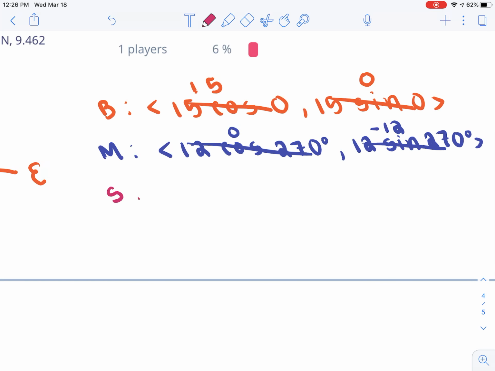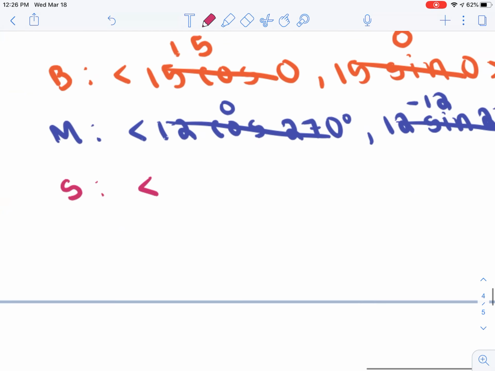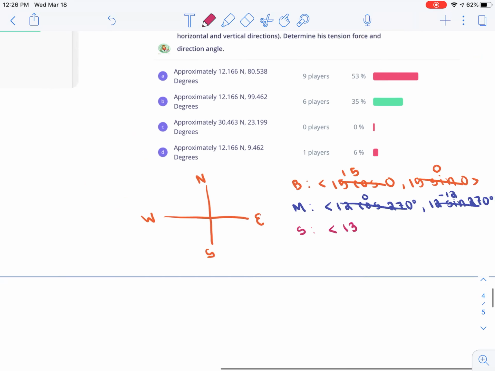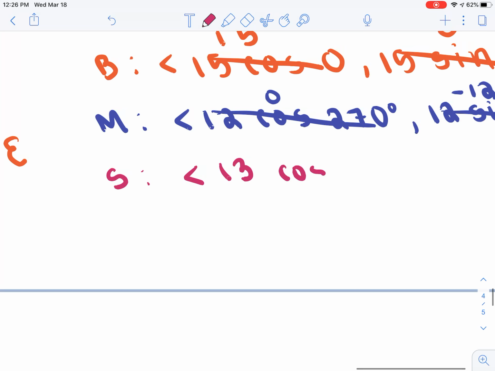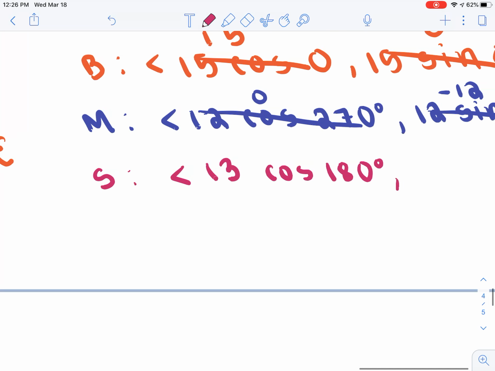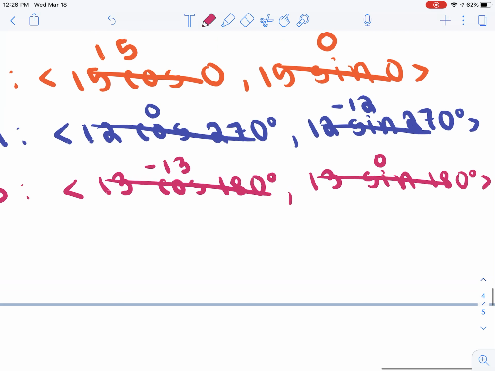And then finally, Spenceman, he is pulling me with 13, and he was going west, so that means that I would use cosine 180, and then I can do 13 sine 180. So what we end up getting here is a negative 13, and over here we get a 0.